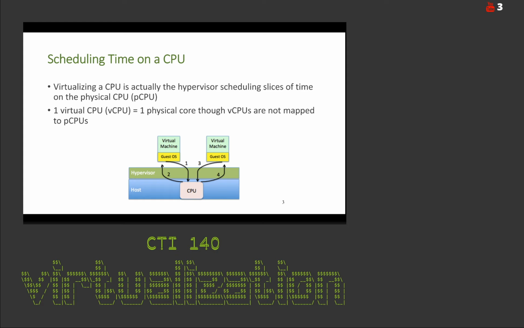But I think that's kind of getting ahead of myself. Take a step back, because I want to talk about the image there first. Again, that virtualizing a CPU is the hypervisor scheduling slices. So essentially what we're seeing in the image here is a good example of what we're talking about there.